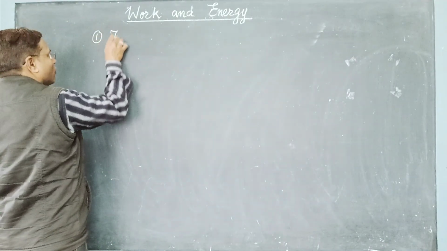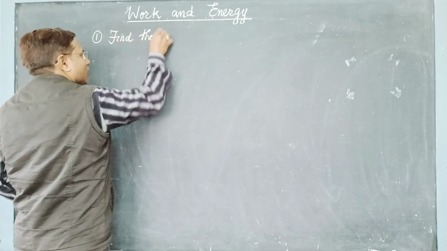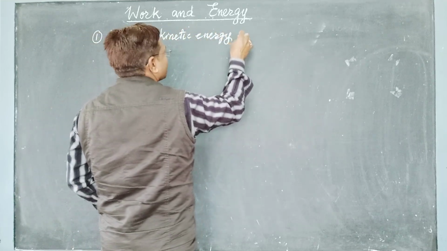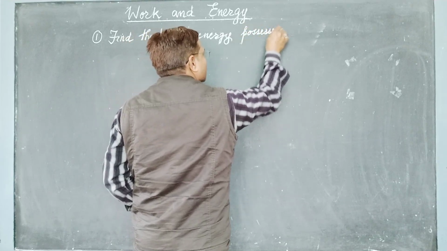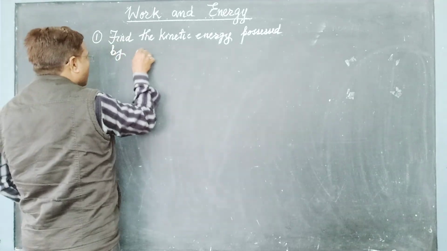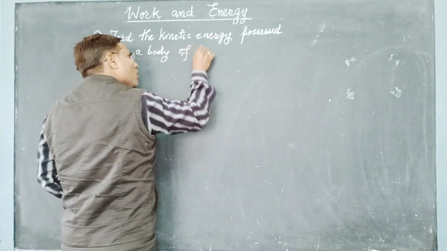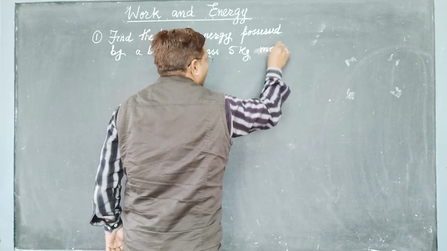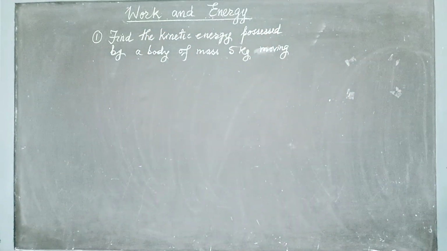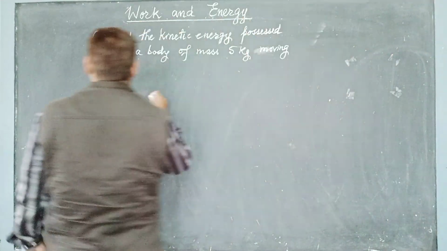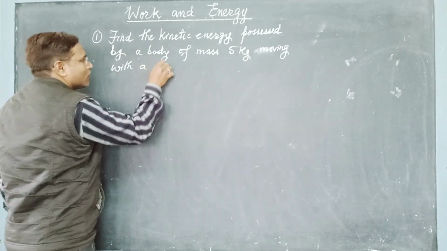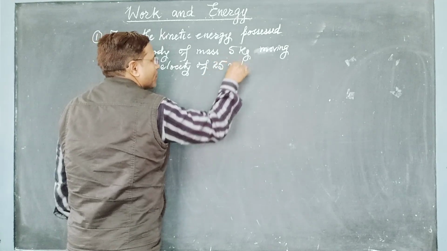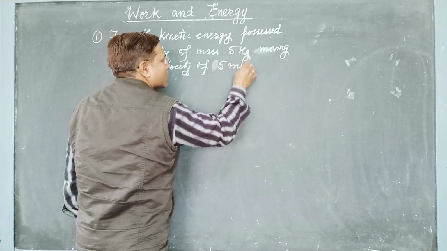Suppose the question is: find the kinetic energy possessed by a body of mass 5 kg moving with a velocity of, let us just take, 5 meter per second.